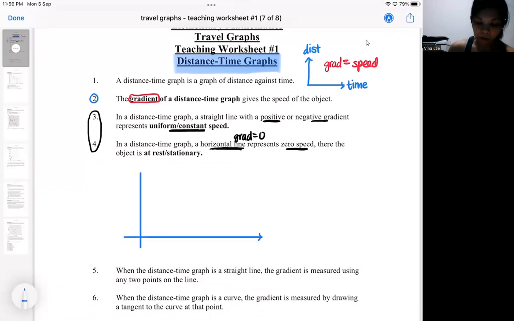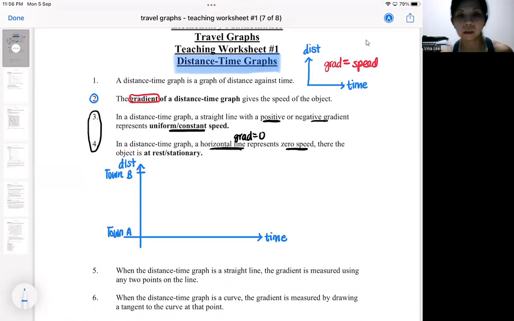Usually, from a distance-time graph, we can tell the distance between two locations. It can be something like this is town A and this is town B. In between, you will have the reading of the distance.